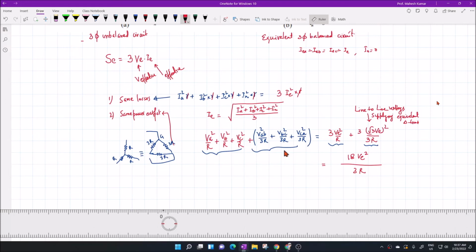And this side, 3R will be there in the denominator, and the 3R will cancel with this 3R here. So we will get here 3 VA square plus VB square plus VC square, and plus VAB square plus VBC square plus VCA square.